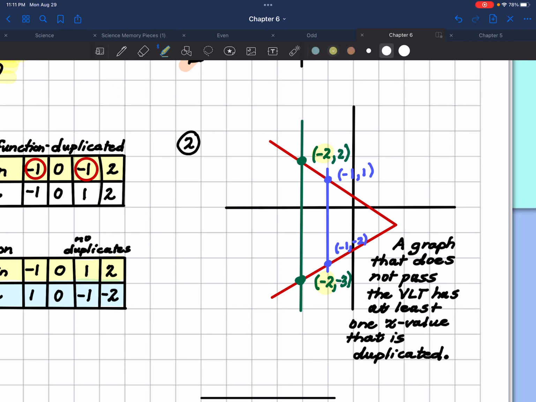But that negative 1 is duplicated. So it's failing the vertical line test because of that. Because the negative 1 is duplicated, it does not pass the vertical line test. So this is not a function because it violates the vertical line test.